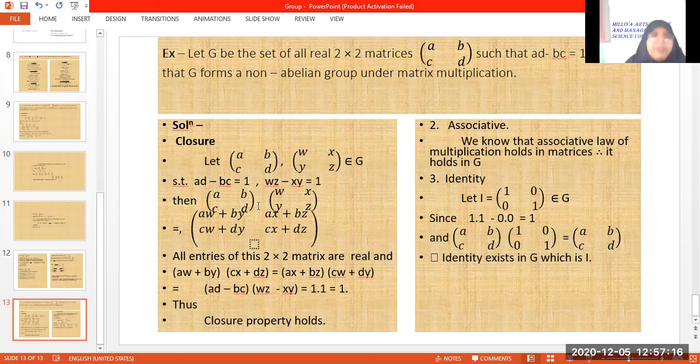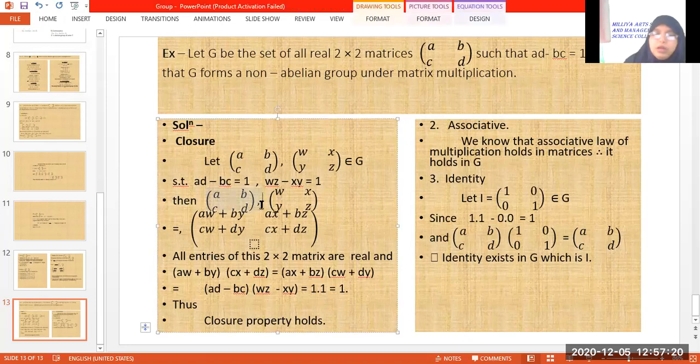And multiplication of these two matrices, all these entries are real, and the determinant of the product is equal to 1.